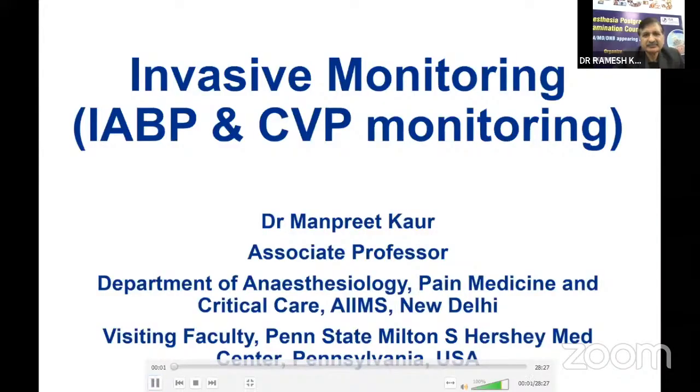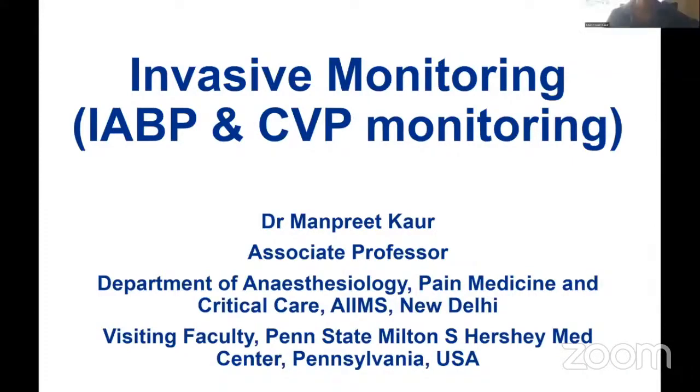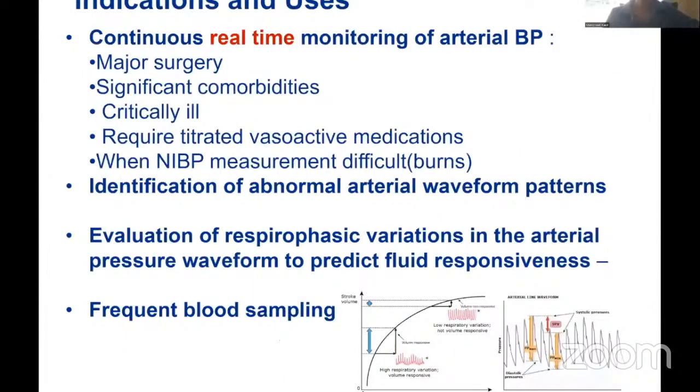I'll be talking about invasive monitoring, which includes intra-arterial blood pressure monitoring and CVP monitoring. Coming to the A-line, arterial cannulation with continuous pressure transduction remains the accepted reference standard for blood pressure monitoring, despite its risks, costs, and need for technical expertise for placement and management.